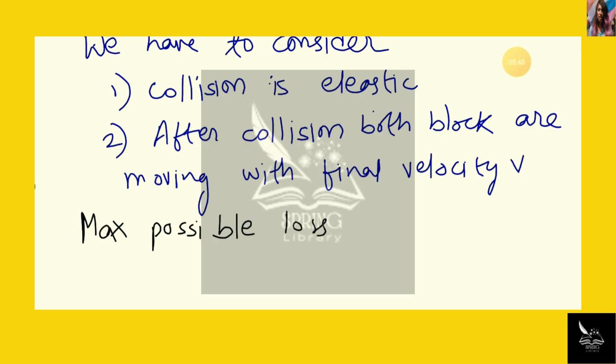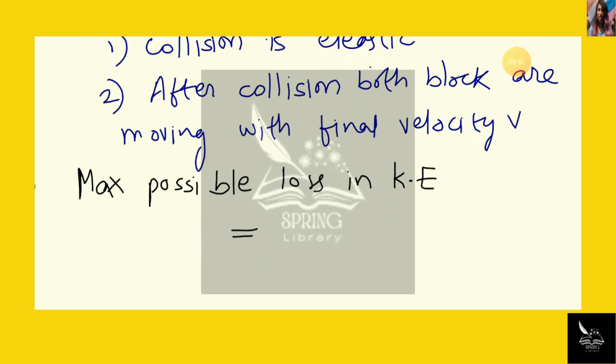So the maximum possible loss in kinetic energy will be written as: first write the kinetic energy in the initial condition, which is half m1 v1 square plus 0, because this is the kinetic energy of the first block and this is the kinetic energy of the second block, which is 0 because it is initially at rest.